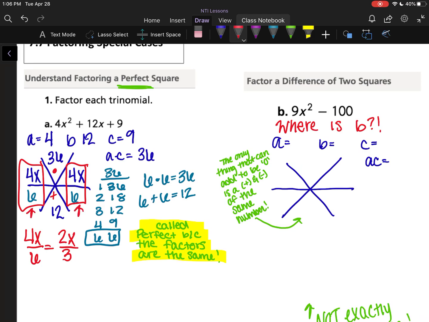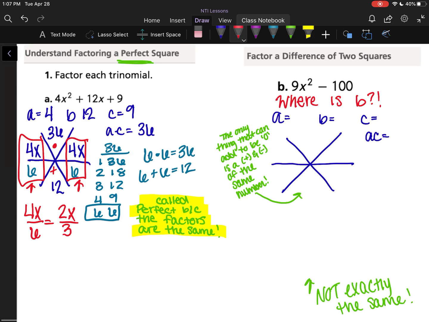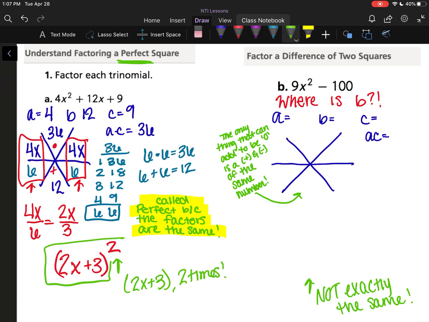So the way we are going to write our answer is 2x plus 3. But instead of writing 2x plus 3 again, we're going to use our exponents. That exponent 2 is our little note that we are doing 2x plus 3 two times. And that is our answer.